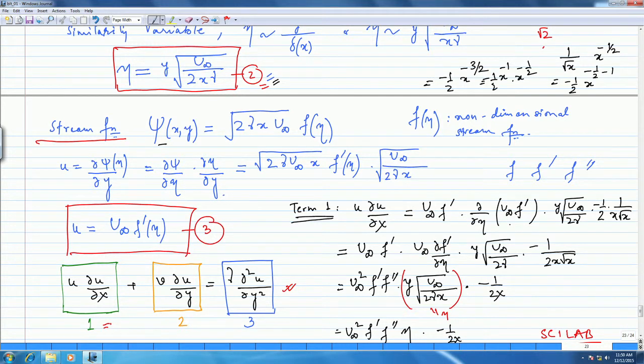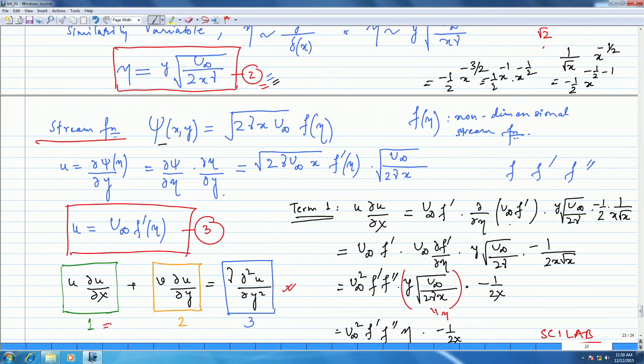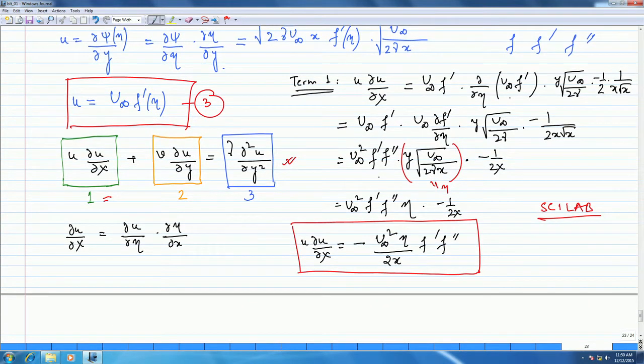What we did for the first time is take term 1 of the x momentum equation and write that in terms of the similarity variable. What we came up with was that u del u del x can be represented in this form.